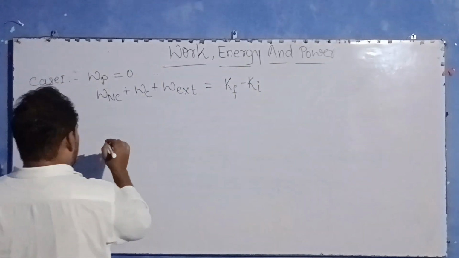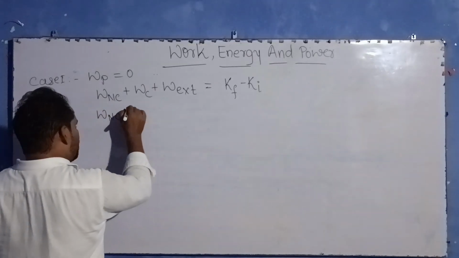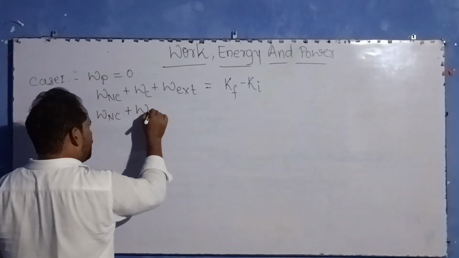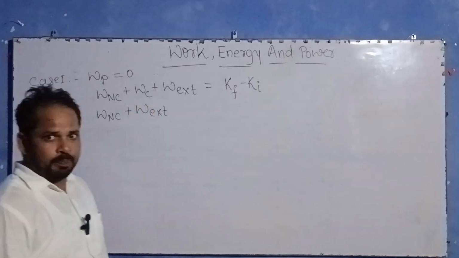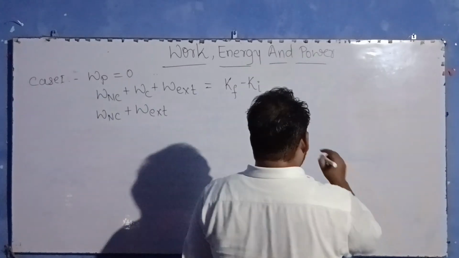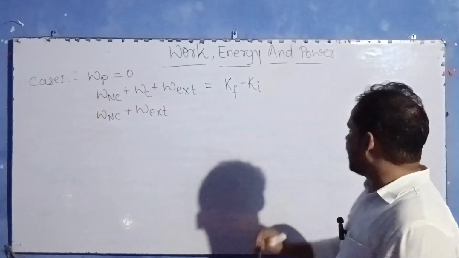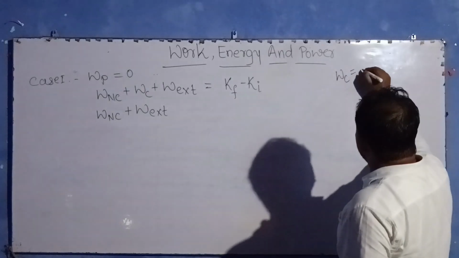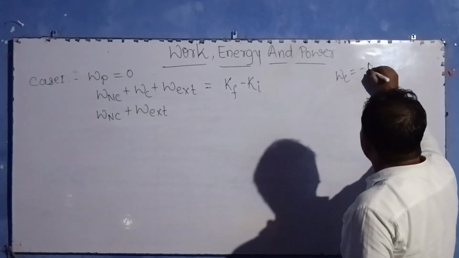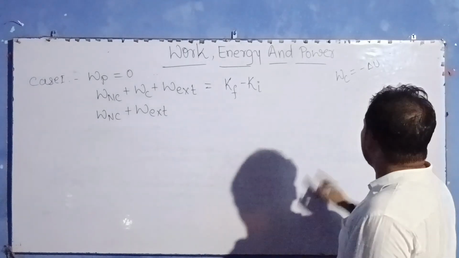Okay. So further we can write work done by non-conservative plus work done by external. Now, work done by conservative: we know through the definition of potential energy that work done by a conservative force is equal to negative delta U, the negative of the change in potential energy.